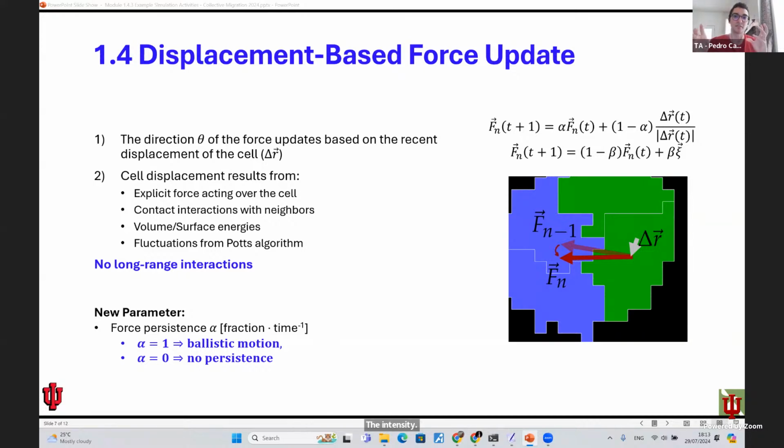You don't see them because they are inside this F with a vector above it, which carries the direction and the intensity altogether. Symbolically, having an arrow above a symbol symbolizes that it's some type of vector. Yes, which carries direction and intensity. Exactly. Okay, thanks.